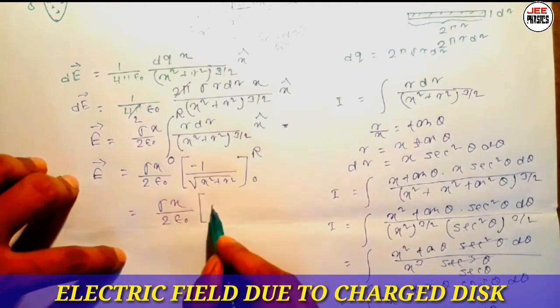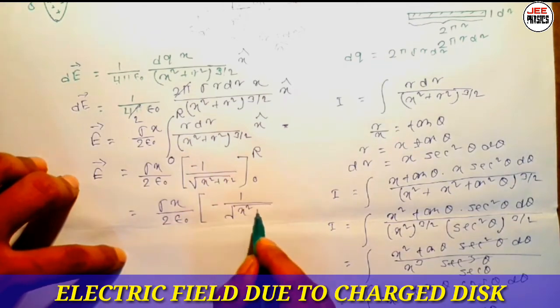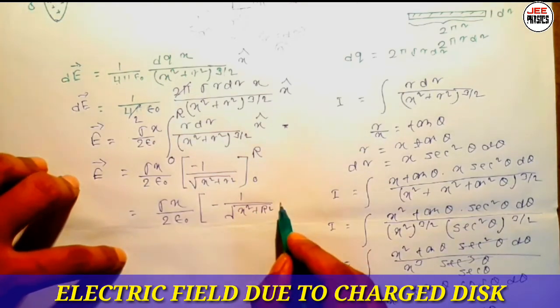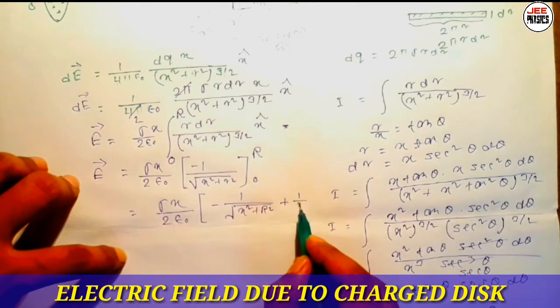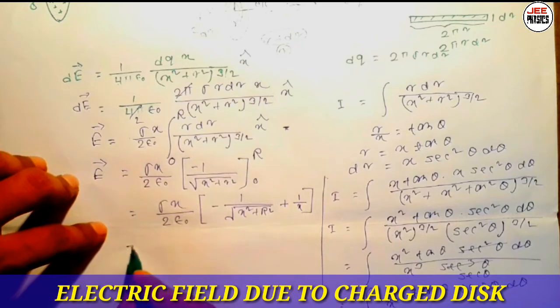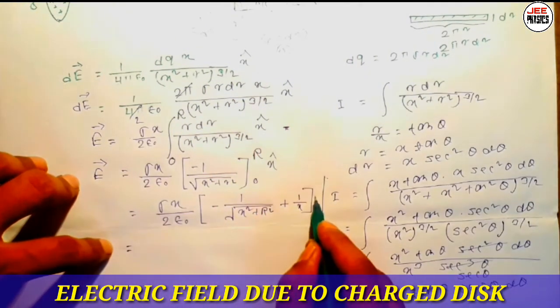Now put the upper value, it becomes 1 by root over x square plus capital R square, and putting the lower value we get 1 by x. And we have x cap here.